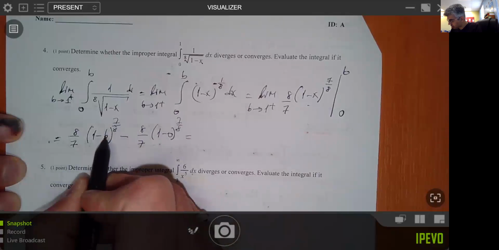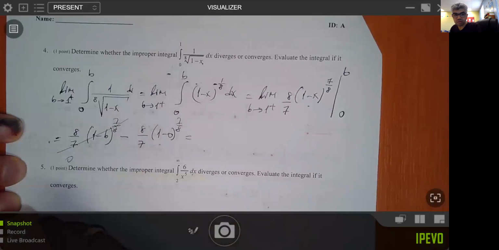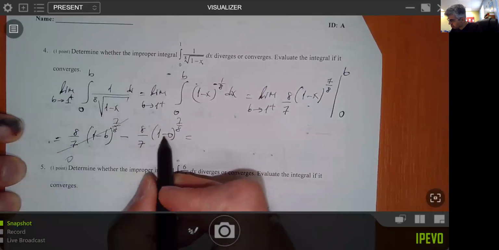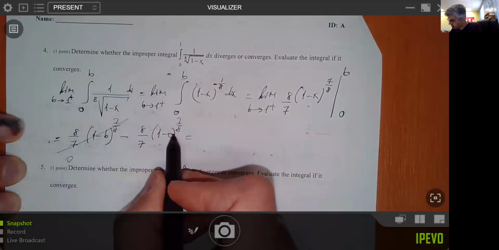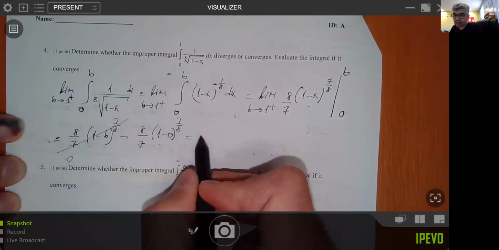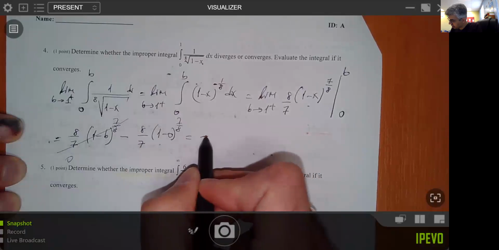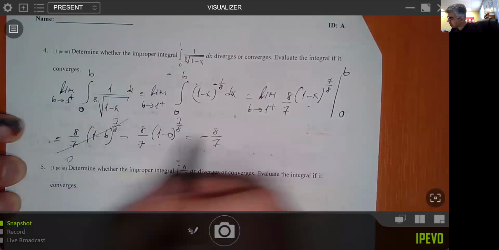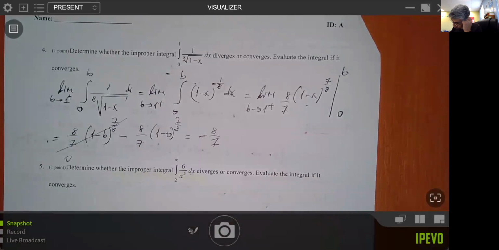As b approaches 1, the value of this equals 0. Here it's 1 to the power of 7 over 8, which is 1. So it is negative 8 over 7. Negative or positive? Here we have negative 8 over 7. Yes, guys.